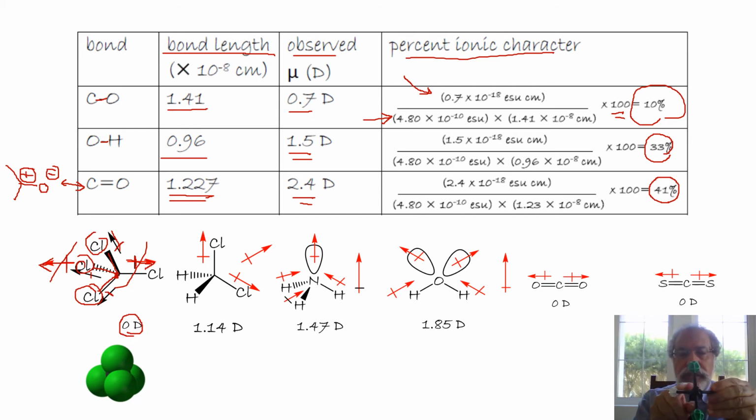And the other way is carbon-hydrogen, which is almost nonpolar, so you have the direction of the dipole moment this way, and we have the value of 1.14.